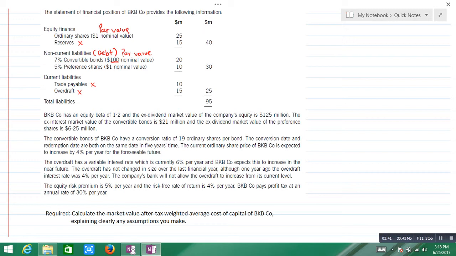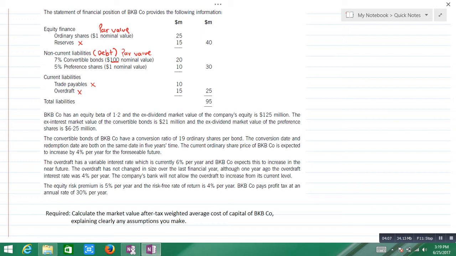Look at that. BKB Co has an equity beta of 1.2, and the ex dividend market value of the company equity is $125 million. The ex interest market value of the convertible bond is 21 million, and the ex dividend market value of the preference share is 6.25 million.